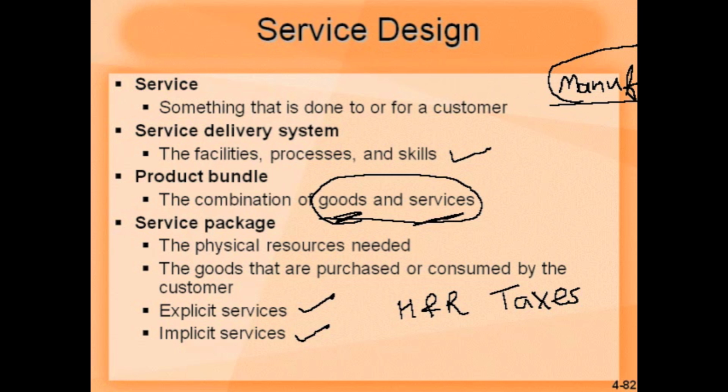What is expected in terms of service will be very explicit. But there could be things like courtesy, friendliness, and how they talk to you. Those things are implicit. It will not be written somewhere that they will provide these kinds of services.